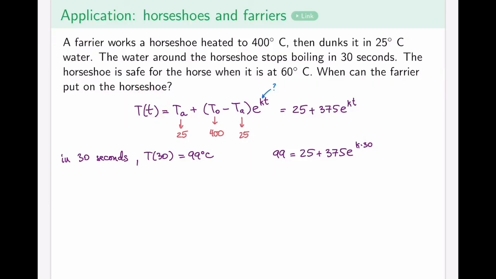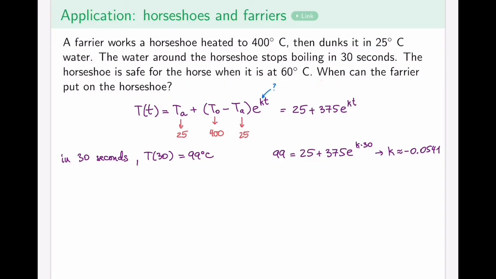The only constant here is k, and we can easily solve for that. I'm going to skip the steps, but you should get the number that is approximately minus 0.0541. This is a really good time to stop and make sure that you're on track in terms of the constant. The cooling constant has to be negative in this case, which it is, so it seems like at least our algebra is working out okay.